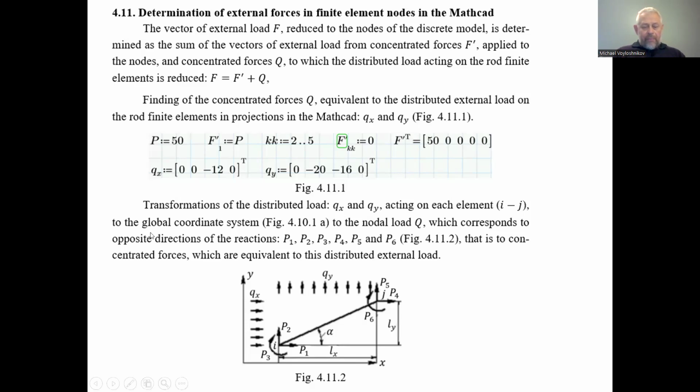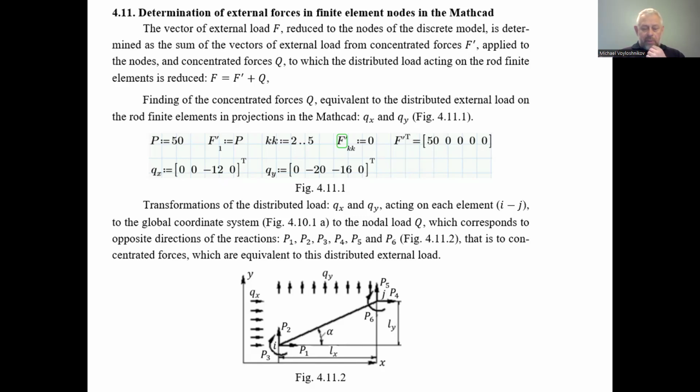The vectors of the distributed load in the projections on the abscissa axis and on the ordinate axis we have for each of the 4 elements. So we have 4 finite elements.